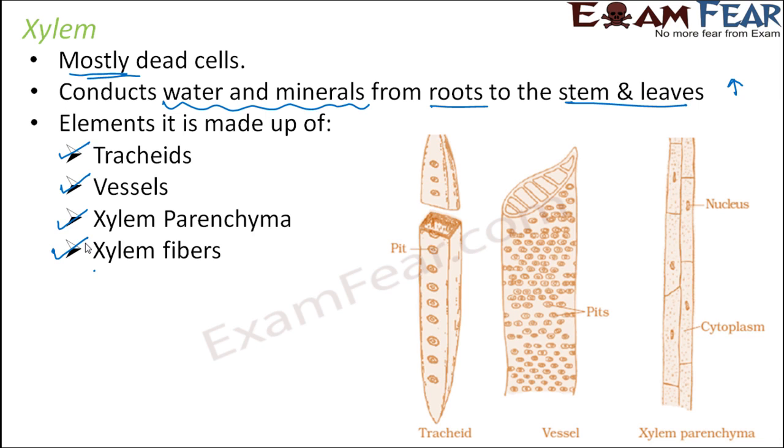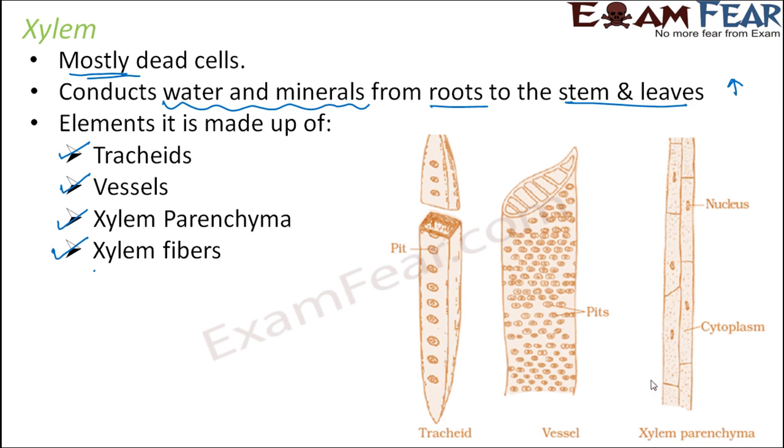In this picture, you can see how each of them looks. A tracheid looks like a tubular structure, quite thin with tapering ends. A vessel looks a little wider, however it is also a tube-like structure. We see some dotted, pore-like structures.